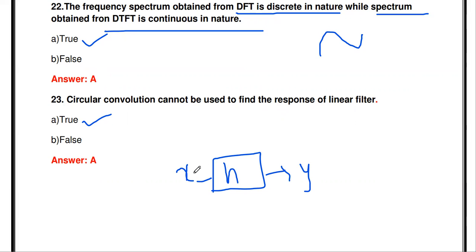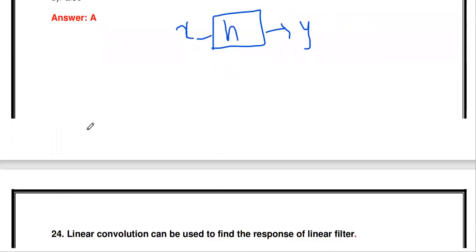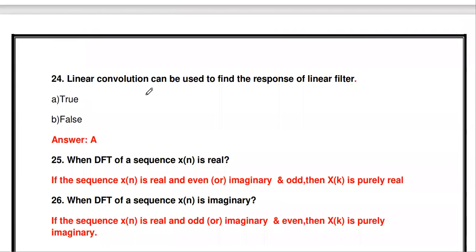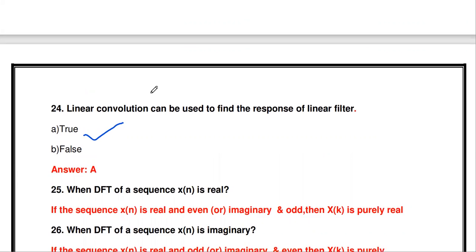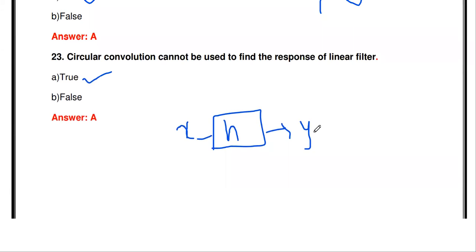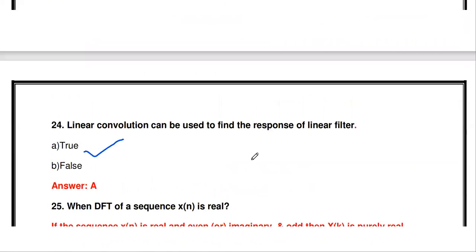But if we perform circular convolution of x of n and h of n, we will not get the exact output. So circular convolution cannot be used to find the response of a linear filter. It is true. Okay. The next question: linear convolution can be used to find the response of a linear filter. Yes. With linear convolution only, we will get the output y. The y is nothing but x linearly convolved with h.